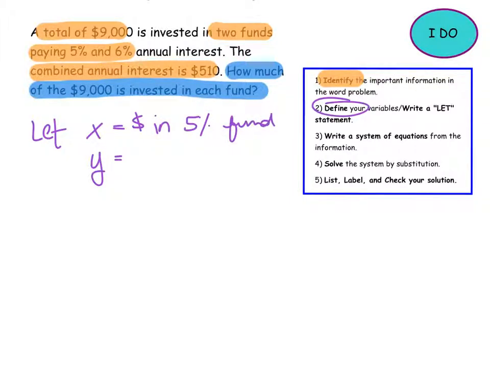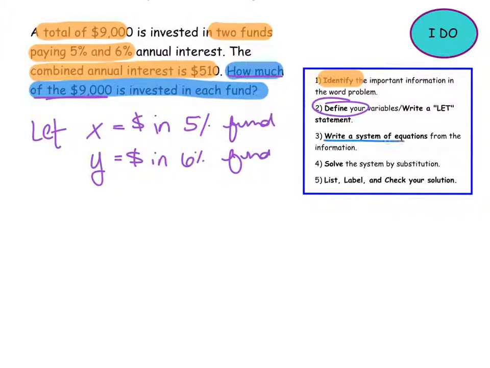So it's going to be how much I put in that 5% fund. And so y is going to be how much I'm putting in the 6% fund. Because remember, it's asking how much of my $9,000 is in each fund. So I'm splitting it up into x in the first fund and y in that second fund. So I defined my variables.